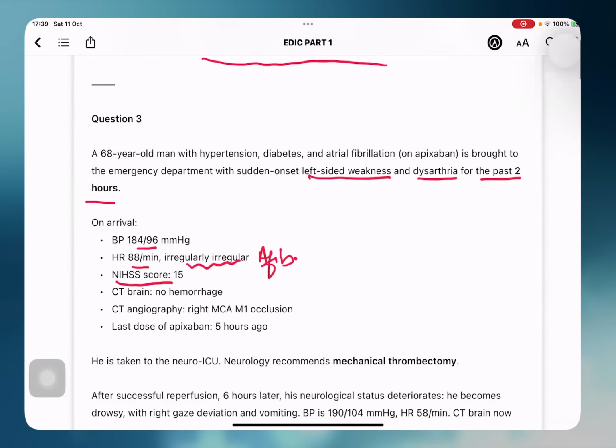NIHSS score is 15, CT head doesn't show any hemorrhage. CT angiogram does show the M1 branch of right MCA occluded. Last dose of apixaban was taken 5 hours back. He's taken to neuro ICU and neurology recommends mechanical thrombectomy.